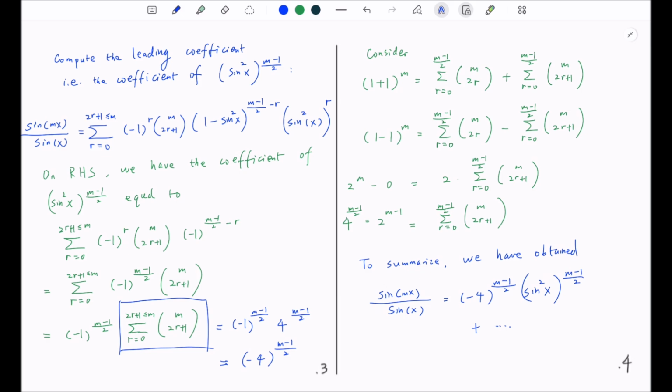So this is indeed a polynomial in sine of x squared of degree n-1 divided by 2 with leading coefficient -4 raised to the power n-1 divided by 2.